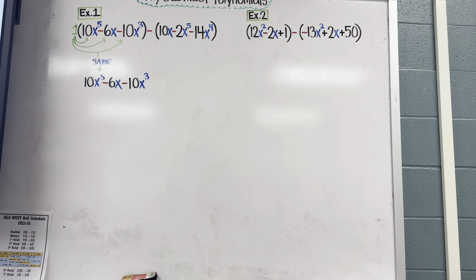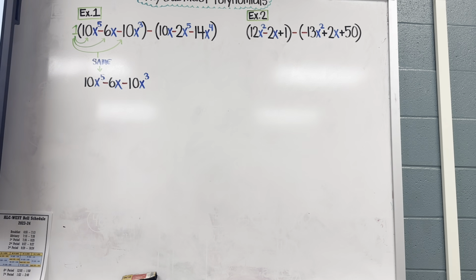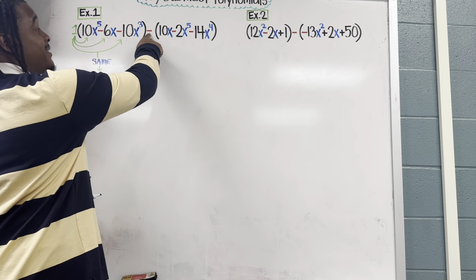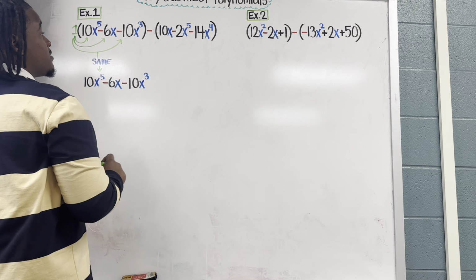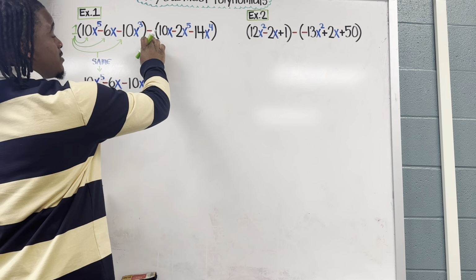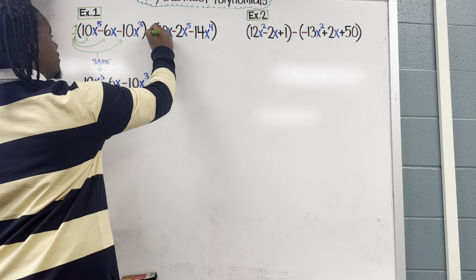Now, we have to do the same thing for the values and expressions that are inside that particular parentheses, right? But if you notice, guys, we're actually subtracting this parentheses. So the number that's attached on the outside, even though you don't see a number, right, it's going to be a negative number. And since you don't see a number, it's going to be an imaginary negative 1.